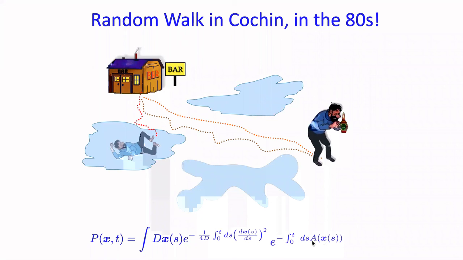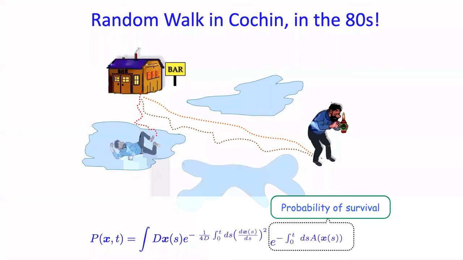So you introduce an absorption term, which itself is a functional of this path. A is the absorbing term, and this object will determine the probability that the person will survive if he followed that particular path. And therefore, this is the simple modification of the functional integral to take care of absorption.